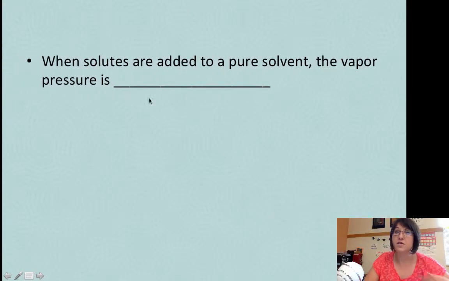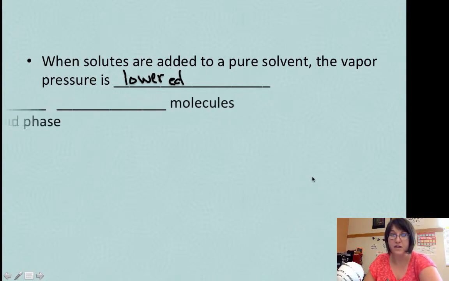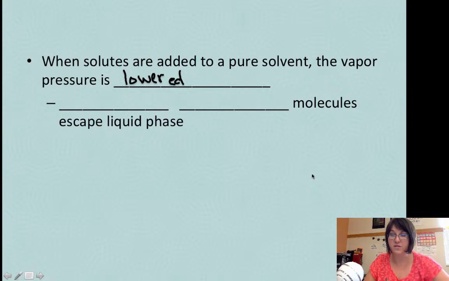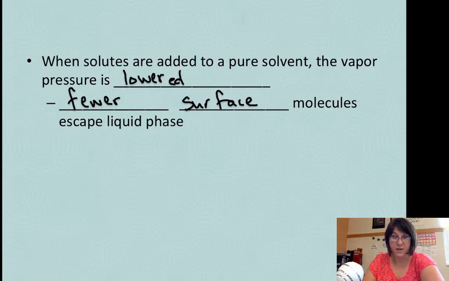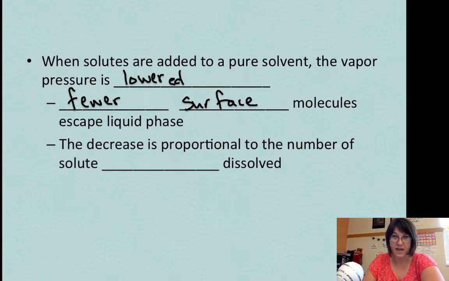When the solutes are added to the pure solvent, the vapor pressure is lowered because not as many of those particles on the surface have access to the open space. That means fewer surface molecules escape from the liquid phase into the gas phase.